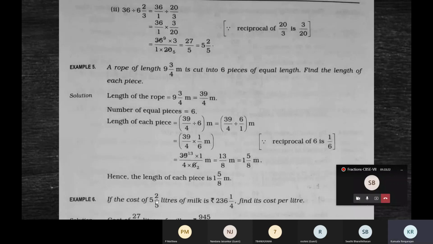So this number divided by this number. Both are mixed fractions. You need to convert them to improper fractions and then calculate. Do it correctly, all of you.